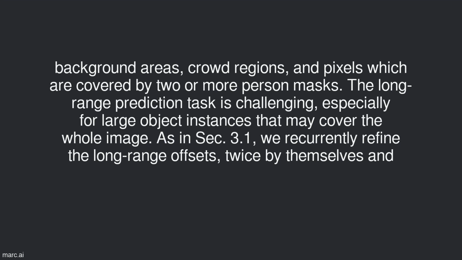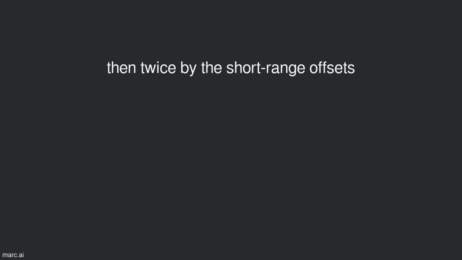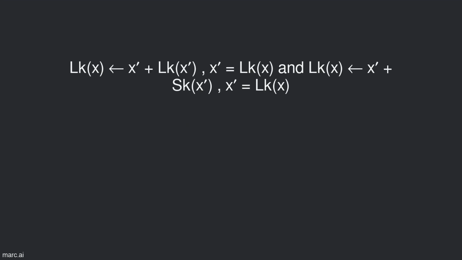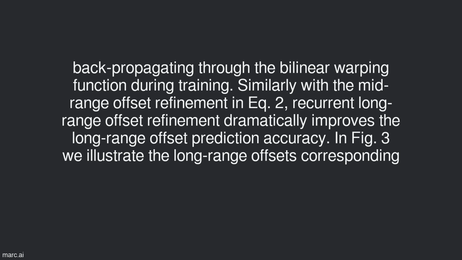As in Sec. 3.1, we recurrently refine the long-range offsets, twice by themselves and then twice by the short-range offsets: L_k(x) is replaced by L_k(x + L_k(x)) + L_k(x), and L_k(x) by L_k(x + L_k(x)) + S_k(x + L_k(x)), back-propagating through the bilinear warping function during training. Similarly with the mid-range offset refinement in Eq., recurrent long-range offset refinement dramatically improves the long-range offset prediction accuracy.